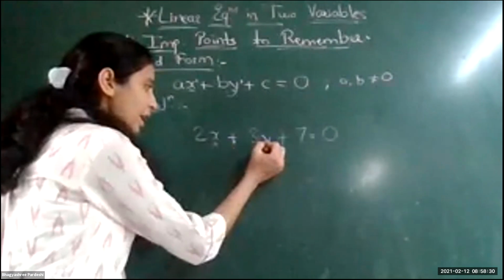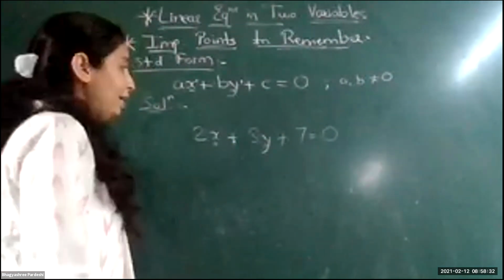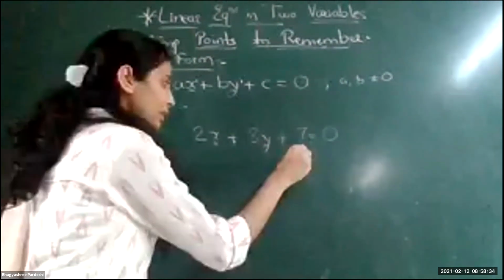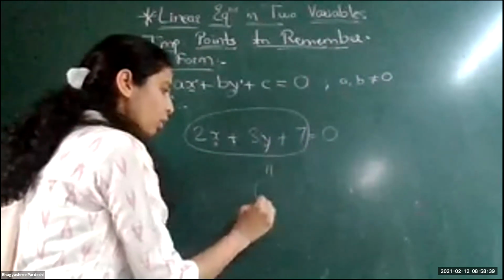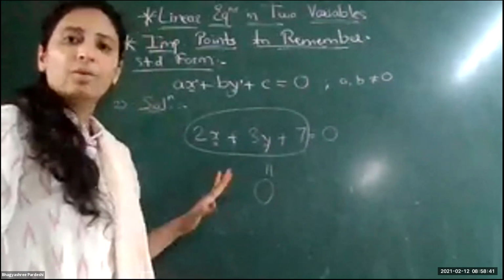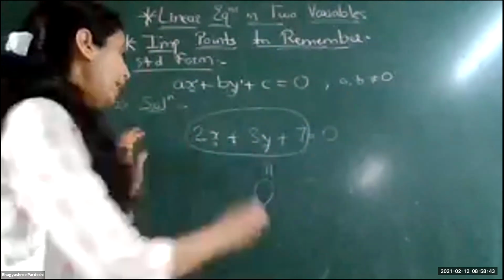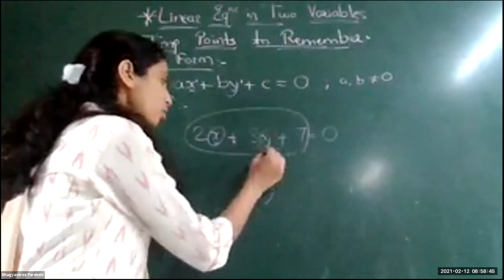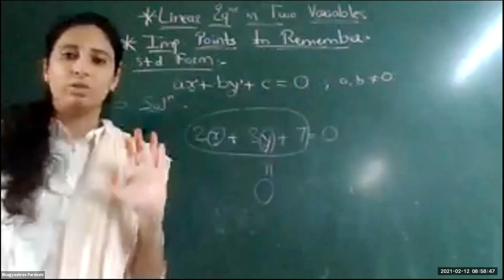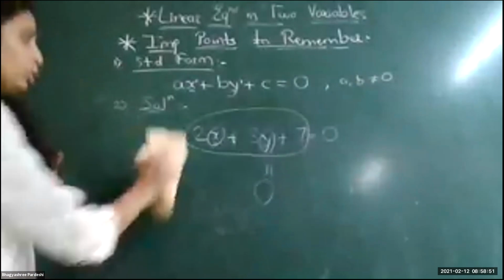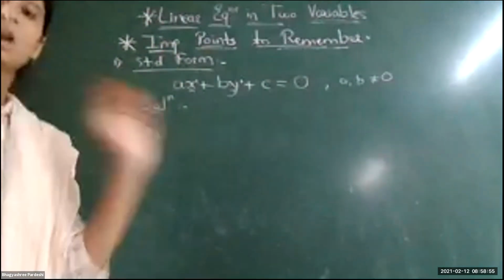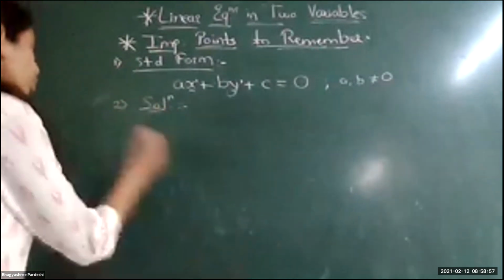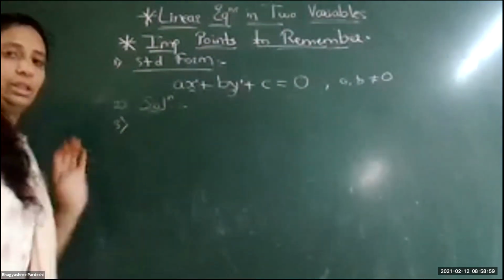We require values of x and y such that after solving, the LHS will be equal to the RHS, that is, equal to 0. That value of x and that value of y will be called the solution. Same as in the quadratic equation, only here we call them solutions. We don't call them roots or zeros, simply solution.